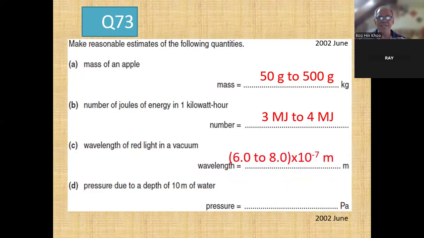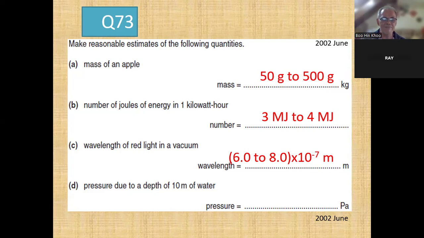It's about 800 nanometer. Remember, the range is 390 nanometer to 780 nanometer for visible light. So you write 790 nanometer, also correct. Just convert it to meter.